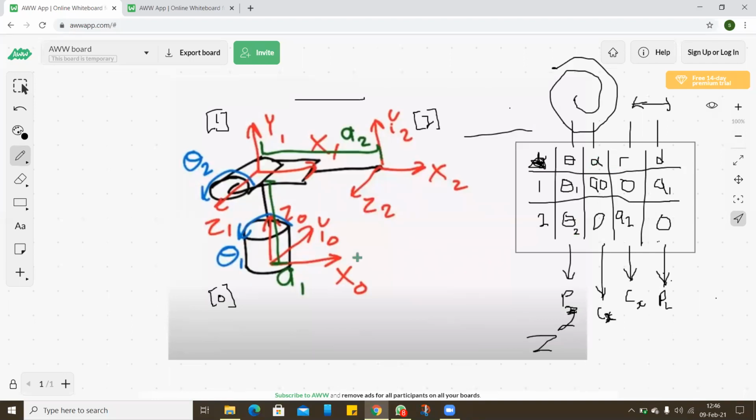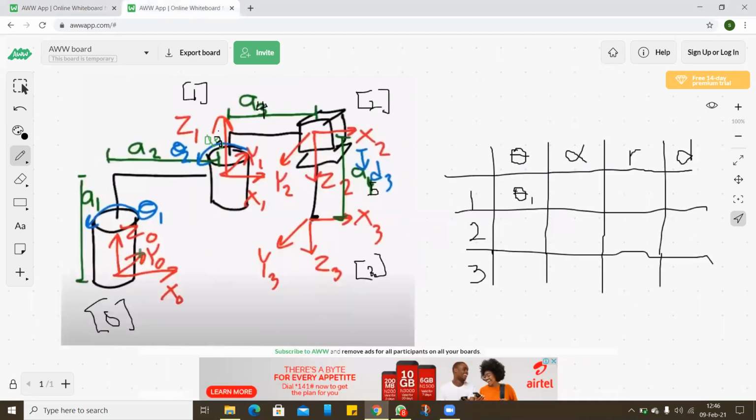Then the second one, we also know that it's very simple stuff. What's the rotation of this frame to this frame along z axis? It's theta 1, just this theta 1. You don't need to rotate it to match. That's the problem. Just that rotation is theta 1.